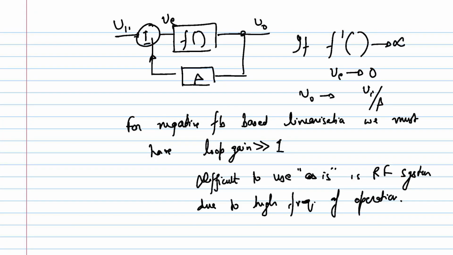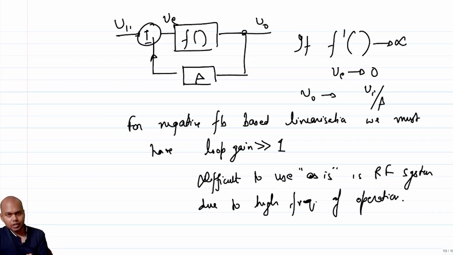Okay. Later on in the course, when we do mixers and transmitters, you are going to see there are some ways of using negative feedback by lowering the frequency, right? But at present, if we limit ourselves to the condition that everything works at RF frequency at multi-gigahertz, then very rarely are you going to see linearization techniques using negative feedback.